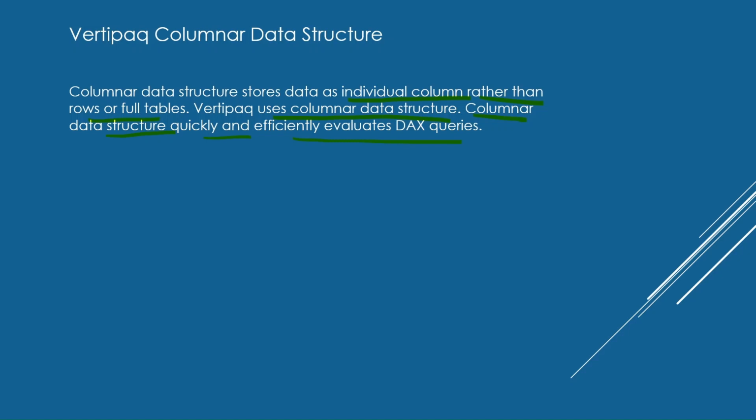The rest of the columns will be untouched. The amount of data present in the sales column is very small compared to the whole table. Once the DAX query operates on that particular column, whose size is very small compared to the whole table, the processing of the DAX query will become very fast.